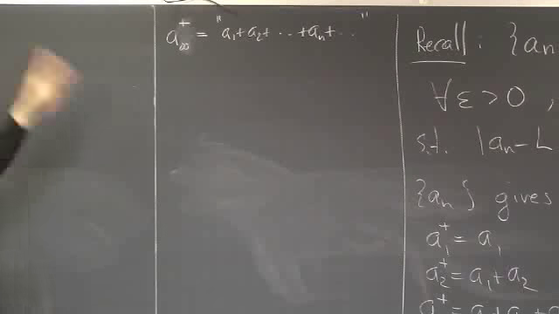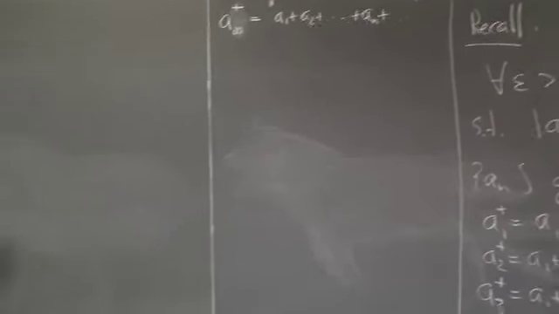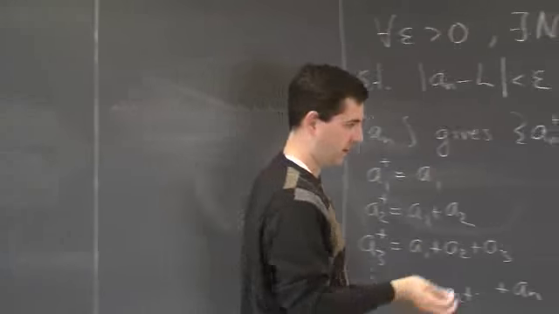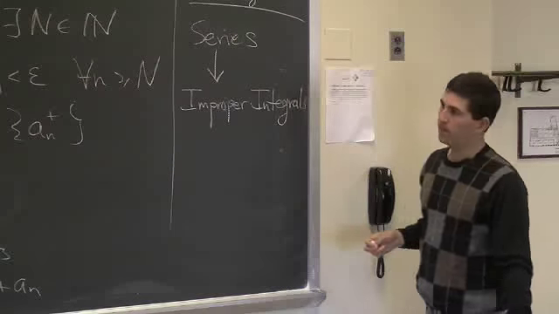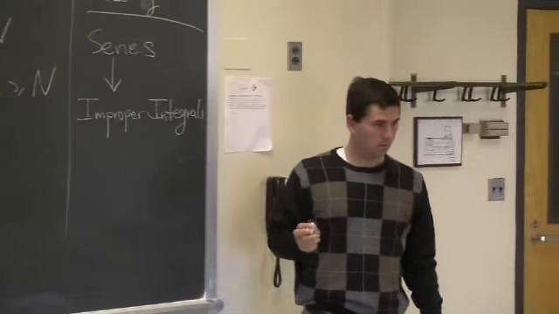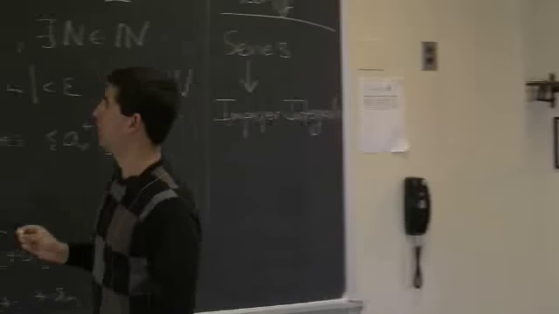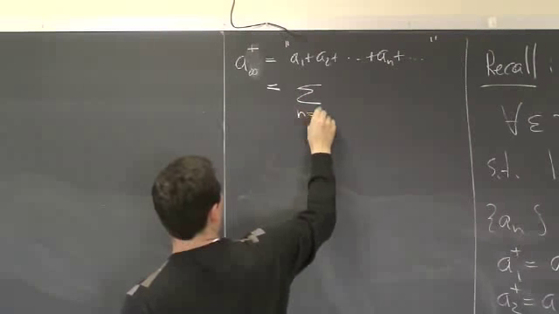You can write this down as if it had some meaning, but in the beginning it has no meaning. You can't add an infinite number of things together. We don't know what that means. Well, now we want to give it a meaning. By the way, we're also going to write this in the following way.